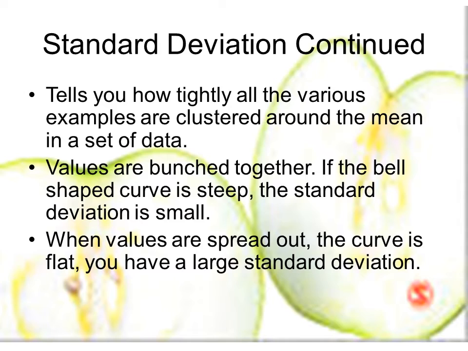When values are spread out, the curve is flat, and you have a large standard deviation, meaning if we have the mean in the very middle and it's flat, these numbers are going to be spread out, positive 1, positive 2, positive 3, all the way out, such as on an X and Y numbered line when we look at it.